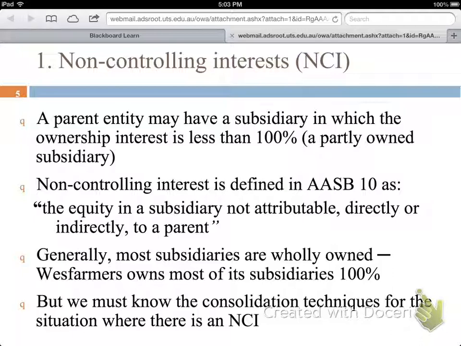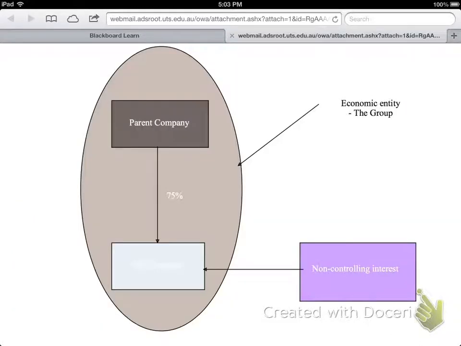Not because it's not complying with AASB 10, but because the amount for the non-controlling interests is so small that it's not material for Wesfarmers to show the non-controlling interests in its financial statements. However, we still need to know the consolidation techniques and how these techniques change when there is non-controlling interest, because many other groups do disclose non-controlling interests.